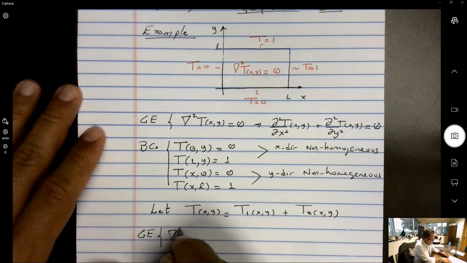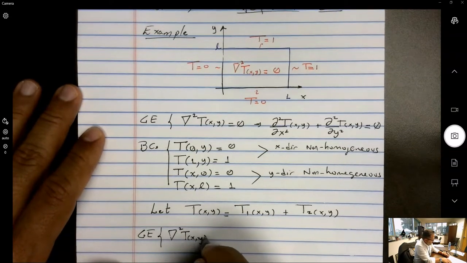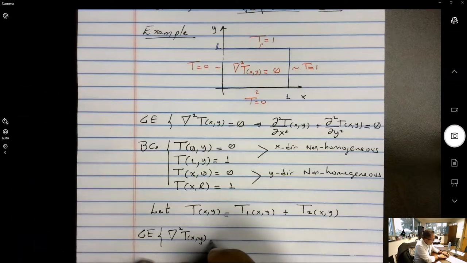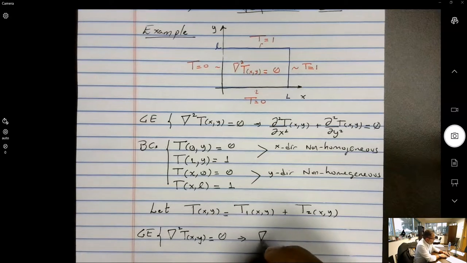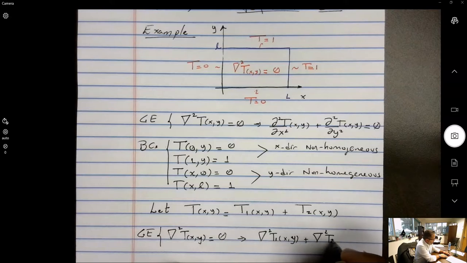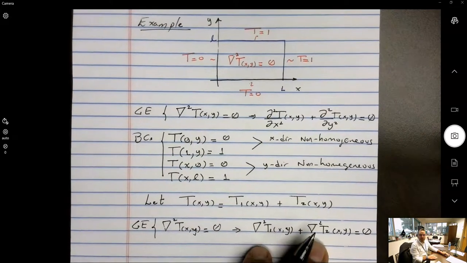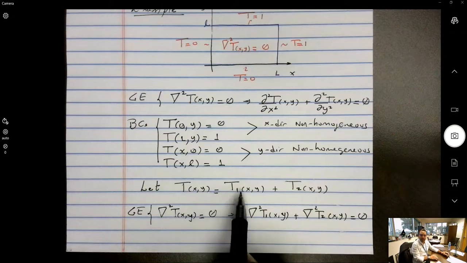If the Laplace of T is equal to 0, then the Laplace of T1 plus the Laplace of T2 will also be equal to 0, since we're assuming that the temperature is broken up into T1 and T2.